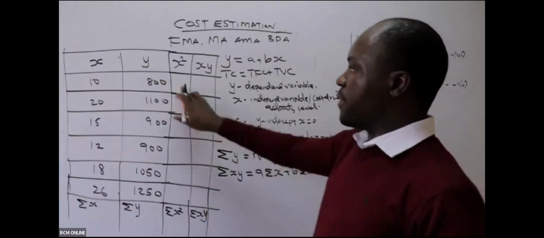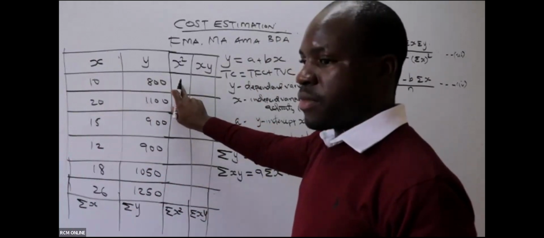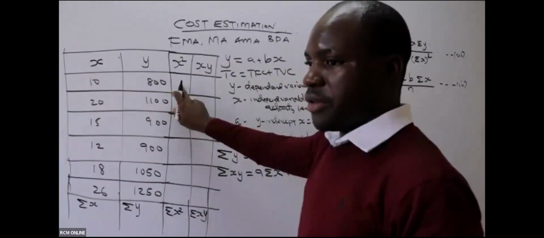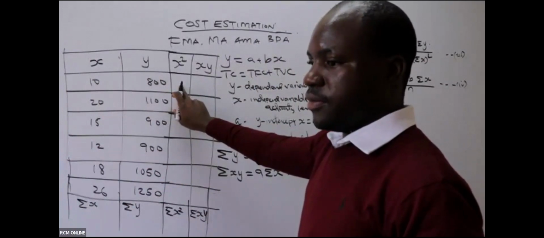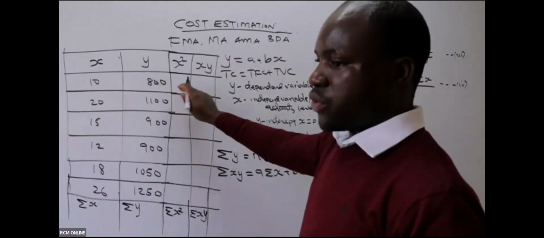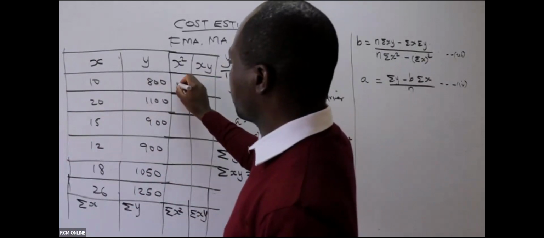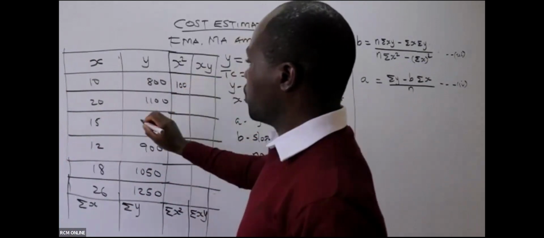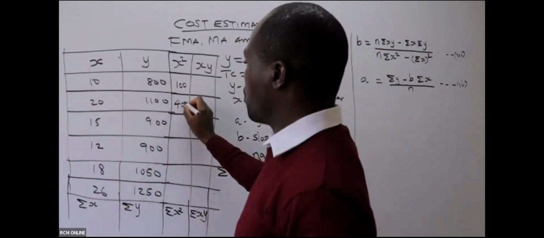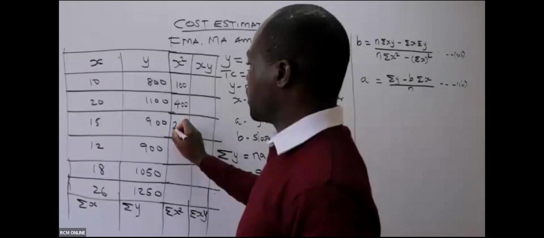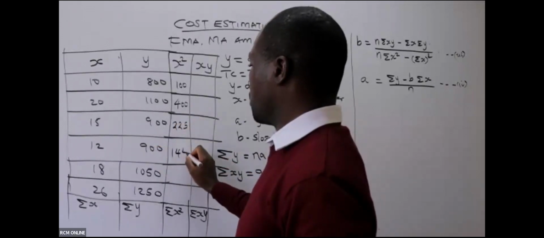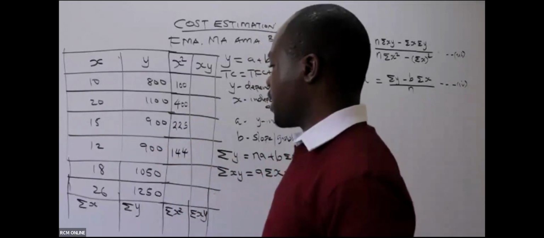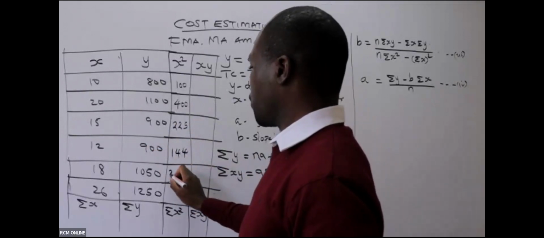So can we get 10 squared? 10 squared will be 100, right? 20 squared. 15 squared. 12 squared. 18 squared, is it 324?